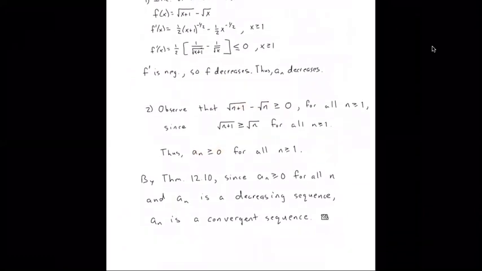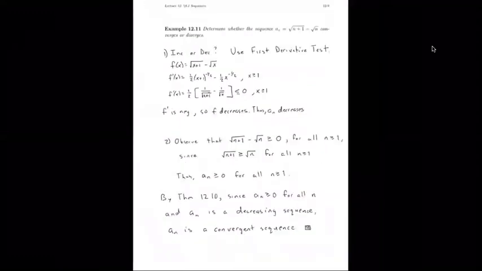Now that we have that the sequence is decreasing, so a sub n decreases, and it's bounded below by 0, theorem 12.10 from the previous page confirms that since a sub n is a decreasing sequence that's bounded below by 0, a sub n is therefore a convergent sequence. So if you read the language of that sentence, you have a better version of what I just sort of paraphrased. So that's it. Those are all the tools that we'll have and we'll need to show convergence of sequences.